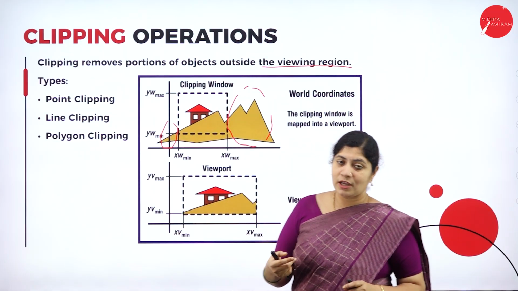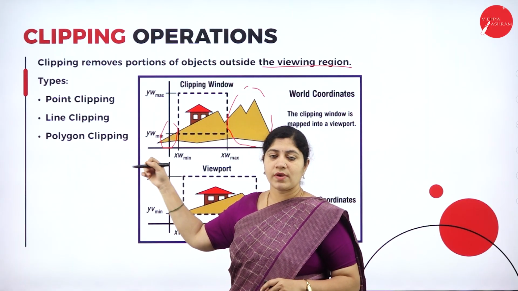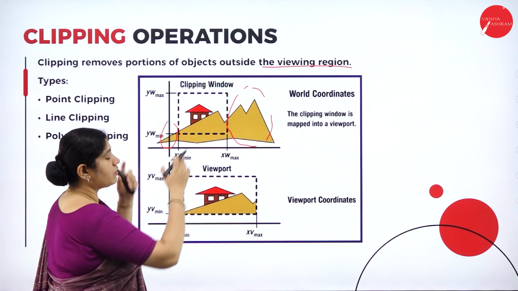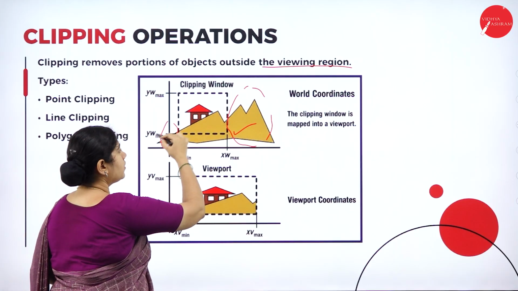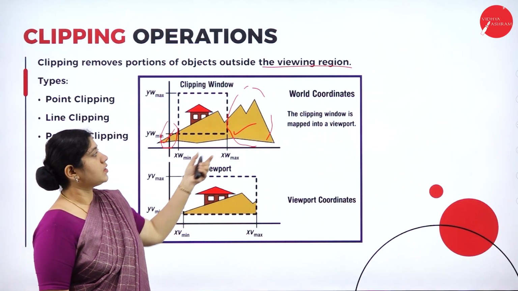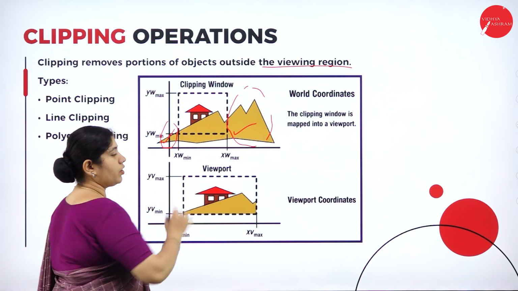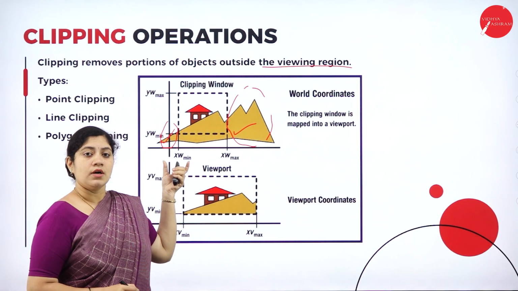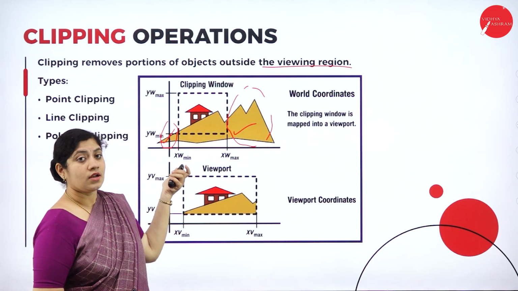Now in clipping, we have various types like point clipping, line clipping, polygon clipping. Here, the first portion we can consider as a window, where all the extra unwanted areas of objects are available. So we can say that it is a window. Now with respect to that window, the starting point is considered as xw min, in the sense x coordinate with respect to the window starting point, correct?